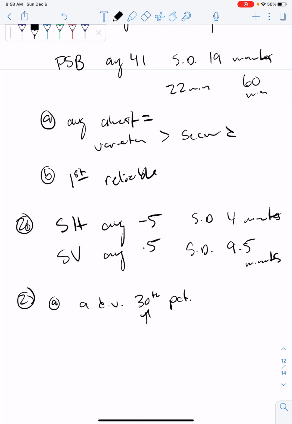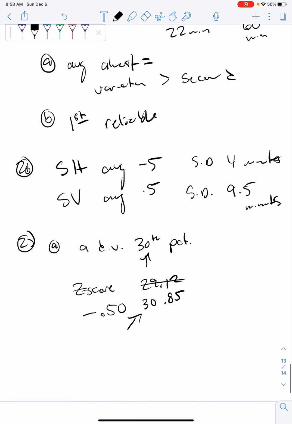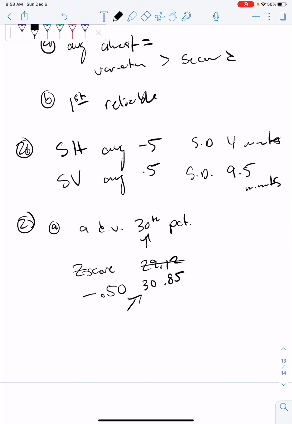When I go to my 30th percentile, I've got 29.12 and I have 30.85. This one is closer to 30%. So that's the one that I'm going to use, 30.85, and what I'm looking for is the z-score that goes with that. My z-score at 30.85 is -0.50. So that would be my standard score, -0.50.